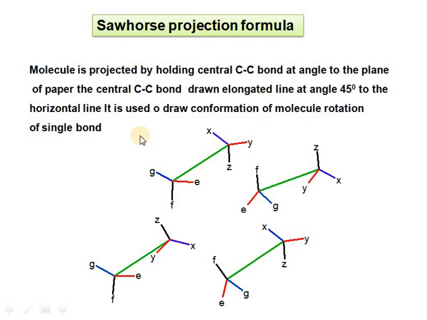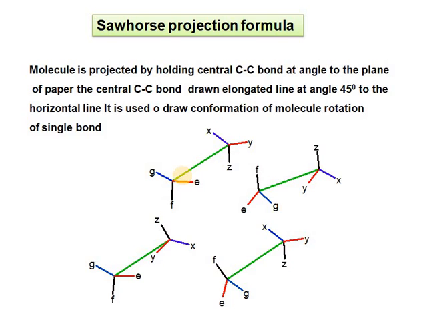The conformation of the molecules can be rotated along this carbon-carbon single bond. So this Sawhorse formula can be used to draw various conformations of the molecules. The rotation about this carbon-carbon single bond, this is a single bond, C-C bond, can be explained by this formula.